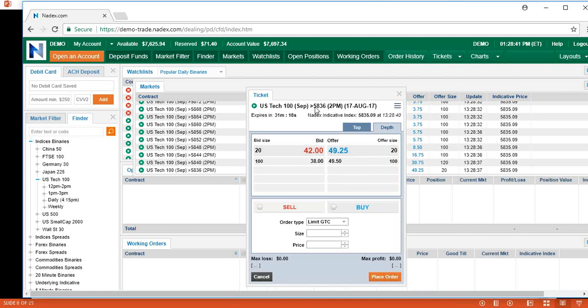Like if I were to buy this right now and the market expires one tick below, is this a profitable binary or not profitable binary? Who can tell me that? Just by one tick. Exactly. Right, it would be a losing trade, okay?